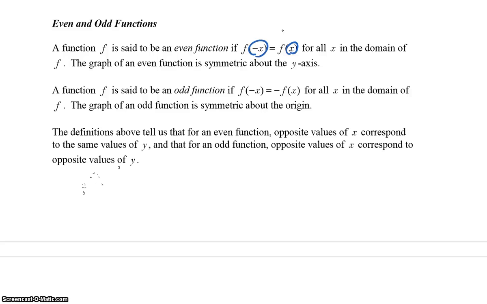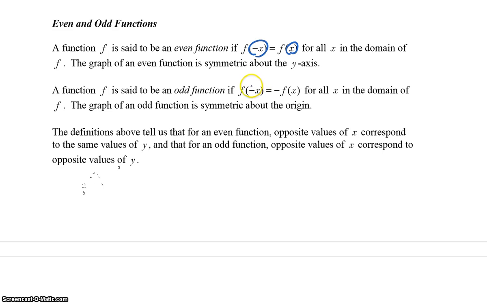And what we're saying is that the y values, which are the function values, f of minus x and f of x, are the same for opposite x values. Opposite x's give us the same y value for an even function.